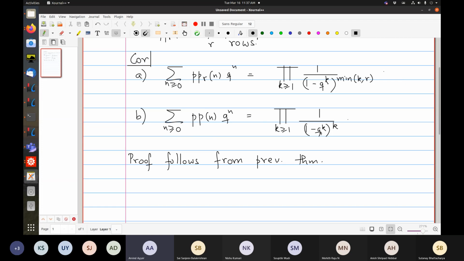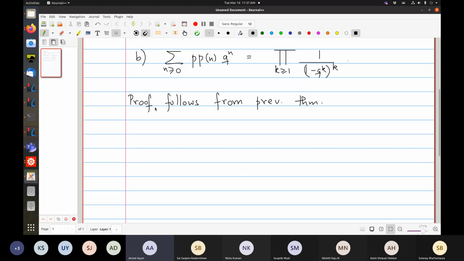Okay. So as promised, I have proved the generating function for plane partitions. Recall that we already had the formula for regular partitions: the sum of p(n) q to the n is the product over k greater than or equal to 1 of 1 over 1 minus q to the k.